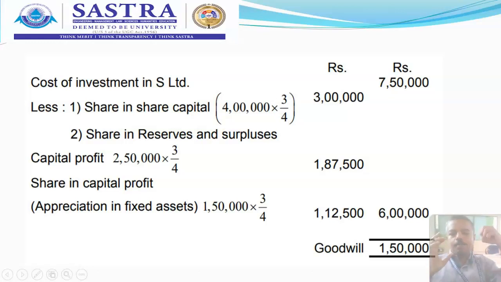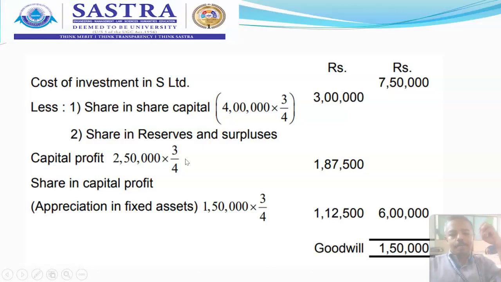Till now, in the previous lecture and this lecture, we have seen what a holding company is, what the meaning is according to the Companies Act, what the advantages and disadvantages of a holding company are, how the accounting treatment is posted in a holding company, how to present the accounts of a holding company, and how to consolidate the financial statements of a holding company according to Accounting Standard 21. And then what are the points to be considered while consolidating a holding company?